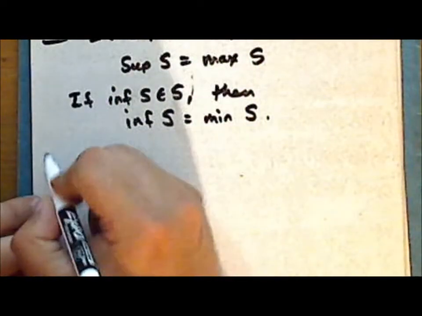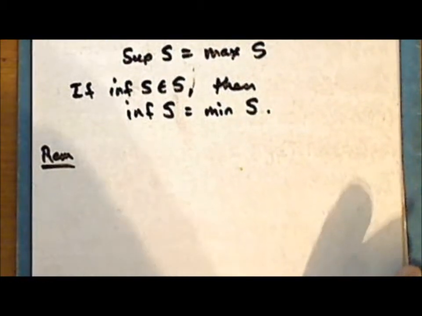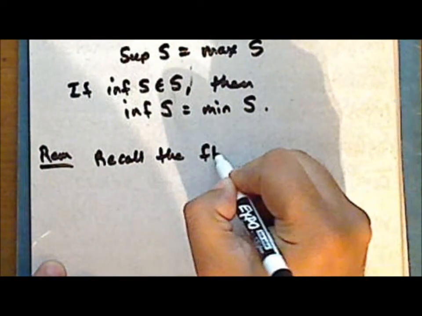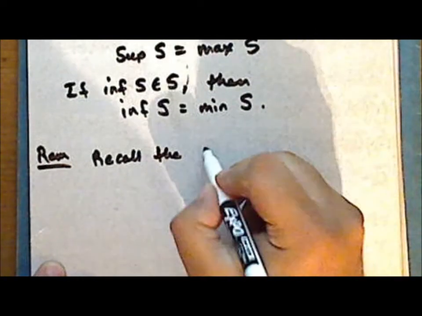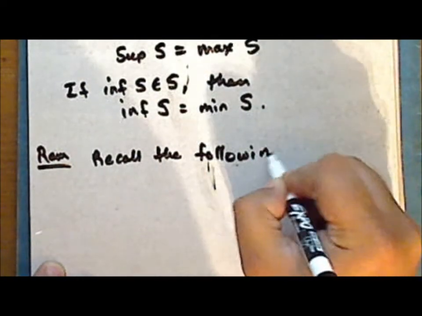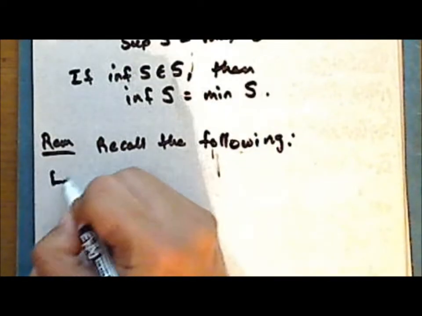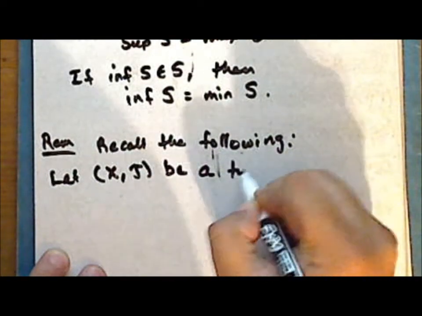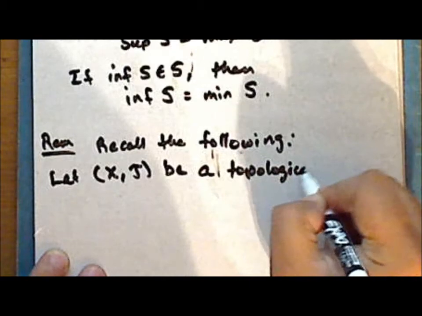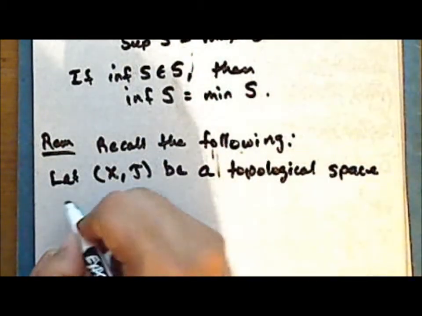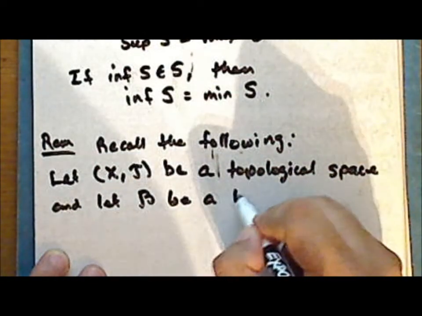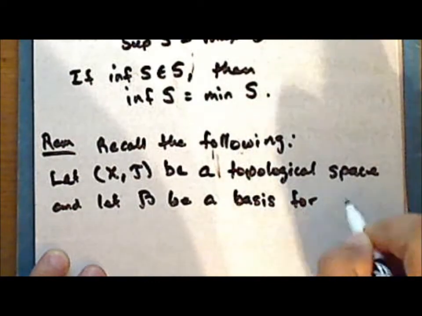So now I need to remind you of a theorem that we gave back when we first started looking at a basis for a topology. So recall the following theorem. Let X together with some topology tau be a topological space, and let the collection script B be a basis for the topology tau.